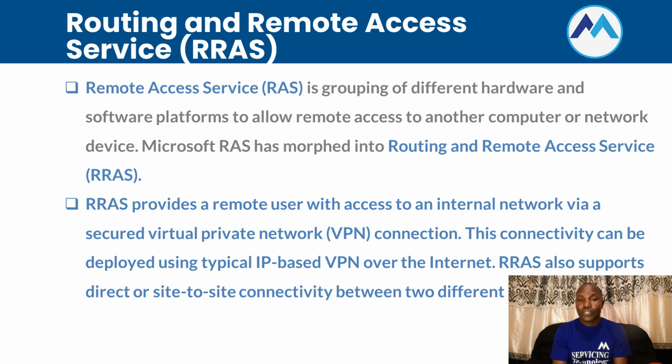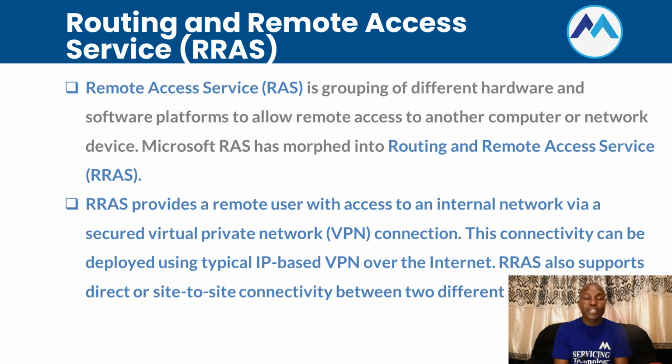Remote access services is a grouping of different hardware and software platforms to allow remote access to another computer or network device. Microsoft RAS has morphed into Routing and Remote Access Service, that's RRAS.